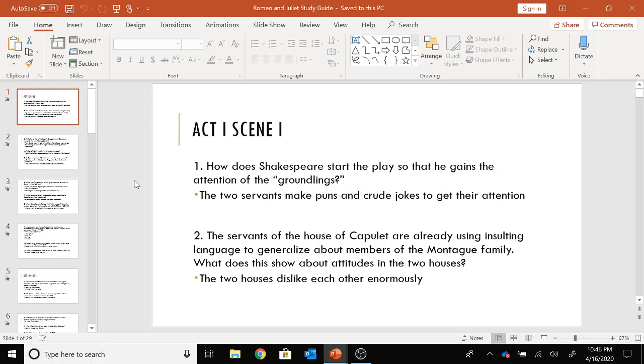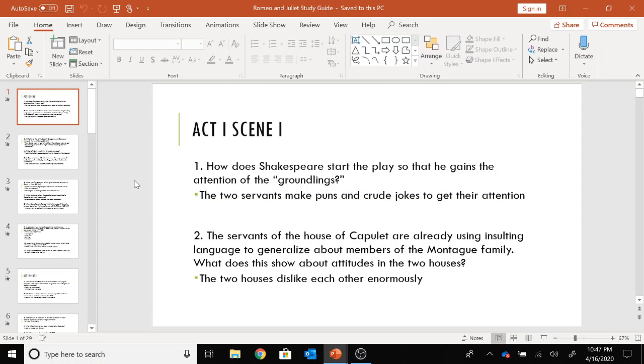But the way that Act 1, especially here in the beginning with Scene 1, where the characters and these families are going at each other's throats and they have this hatred, is on display through the insults and the language that's used amongst these characters. It really paints a picture for the audience and the reader or viewer to see how much these families actually disliked each other.